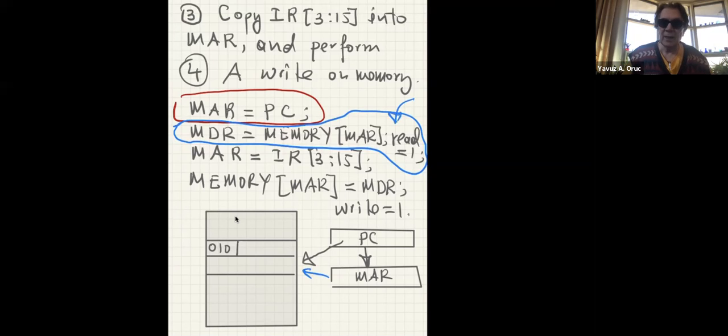And then you can see what happened. Something was grabbed out of memory and then placed into MDR. So we took something out of here. I want to draw this, but in this color.